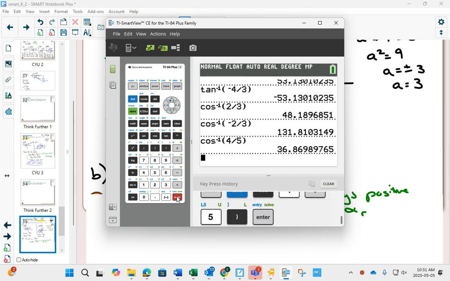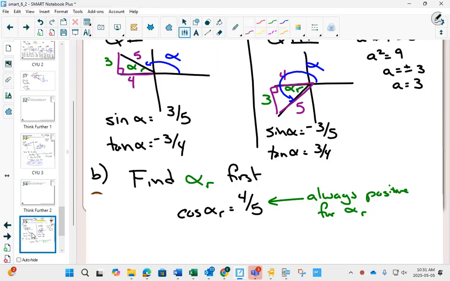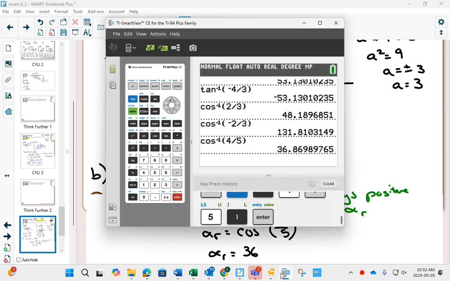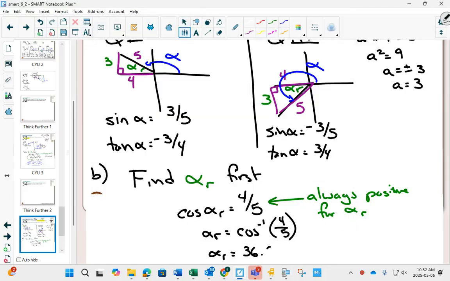To 3 decimal places, 36.870. I'm going to write that extra step, and you don't have to write this step if you get good at this. There's my reference angle.